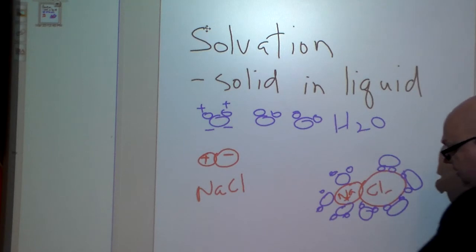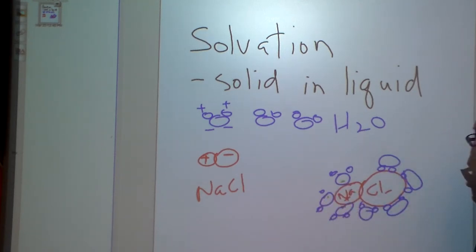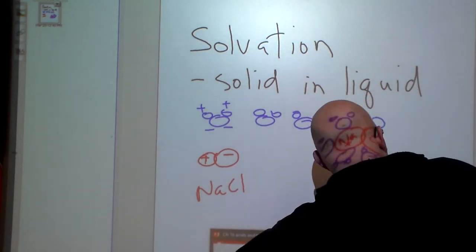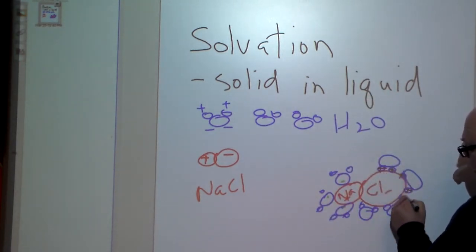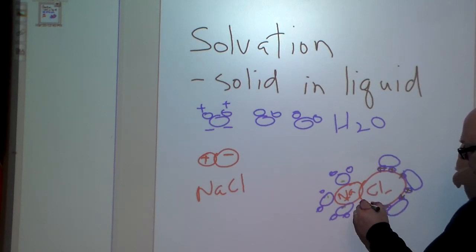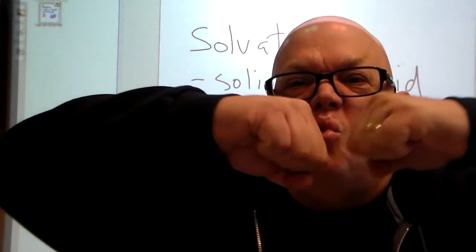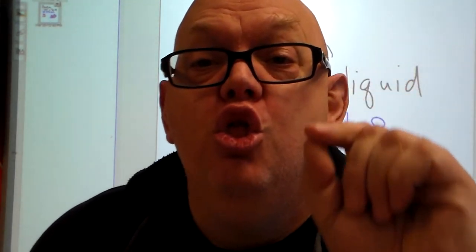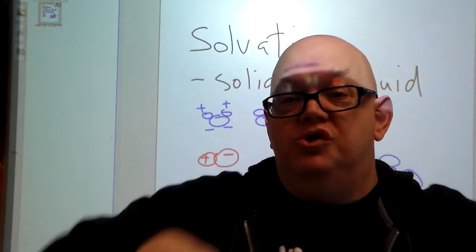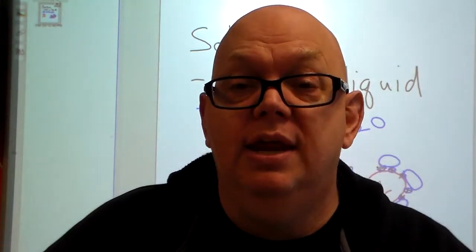And if you notice on here, it's the negative side that's in contact with the sodium, right? On this side, it's the positive side of the water that's in contact with the chlorine. And what happens? Rip. The water tears apart the salt. It will surround the salt, hook up to it, and then break it apart.